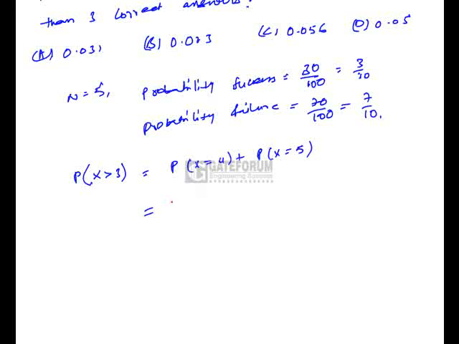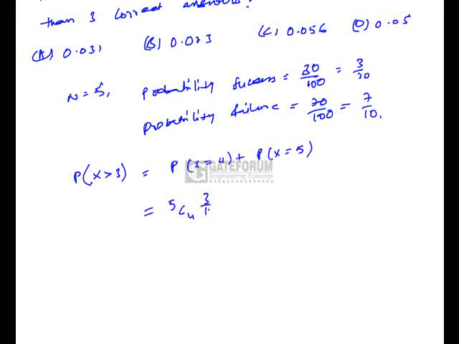So here r is 4, nCr, n is 5, 5C4 into p power r.